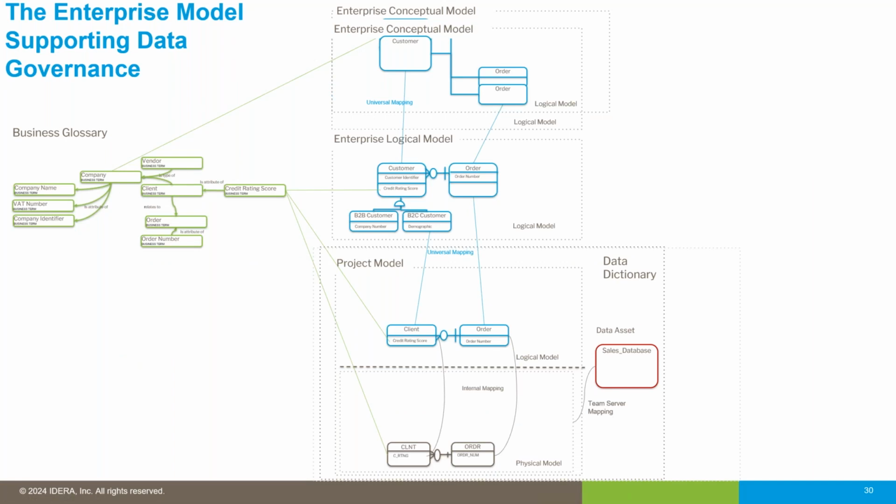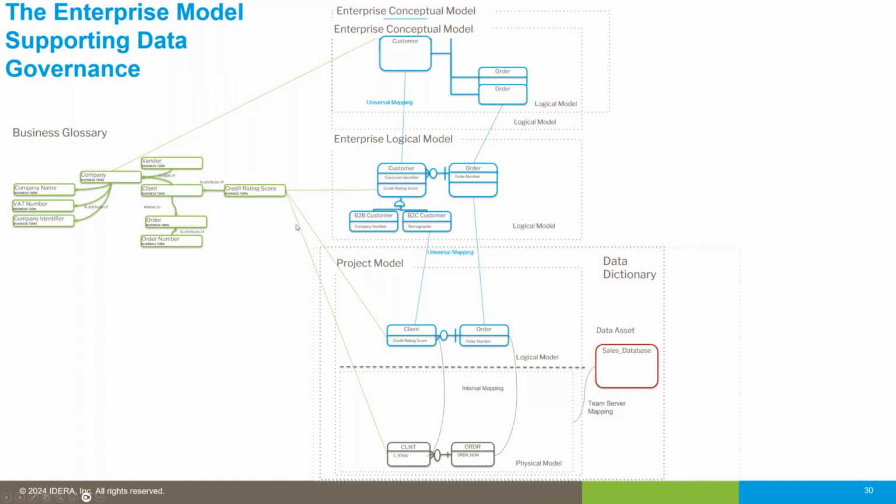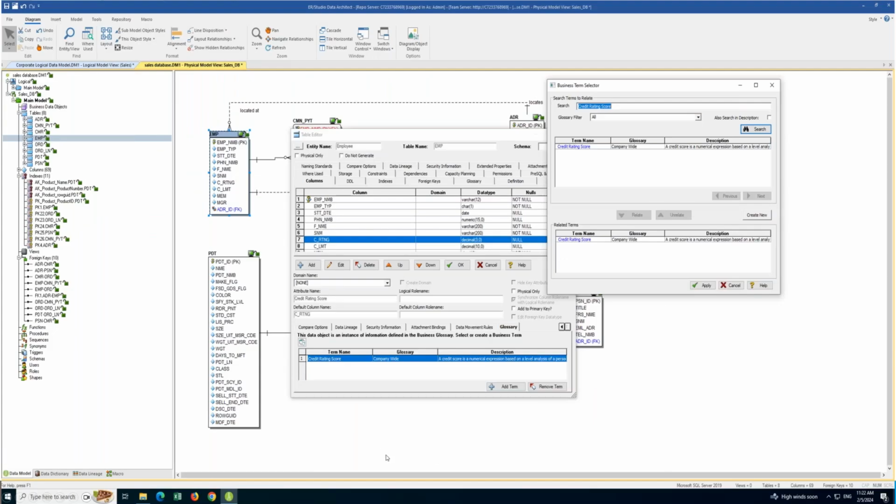Okay, so I've now built out a well-designed glossary. We've got all our terms classified. We now want to build out our data catalog. Going back to ER Studio, the mission is that we want to create these green lines. We want to go through each of our data assets, understand the structure of that data asset, and map it to the business terms. Earlier on we were saying, hey, C_RTNG.